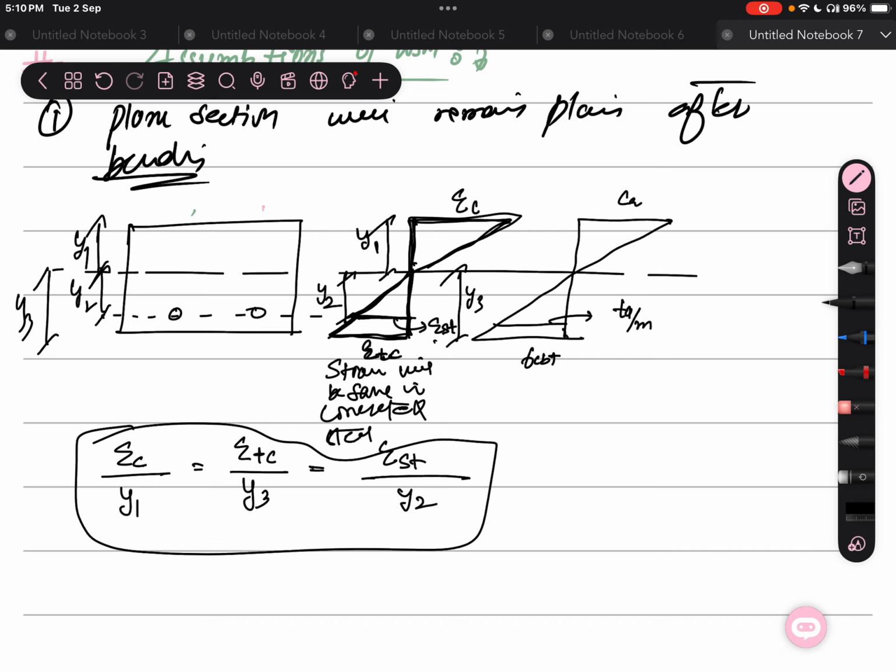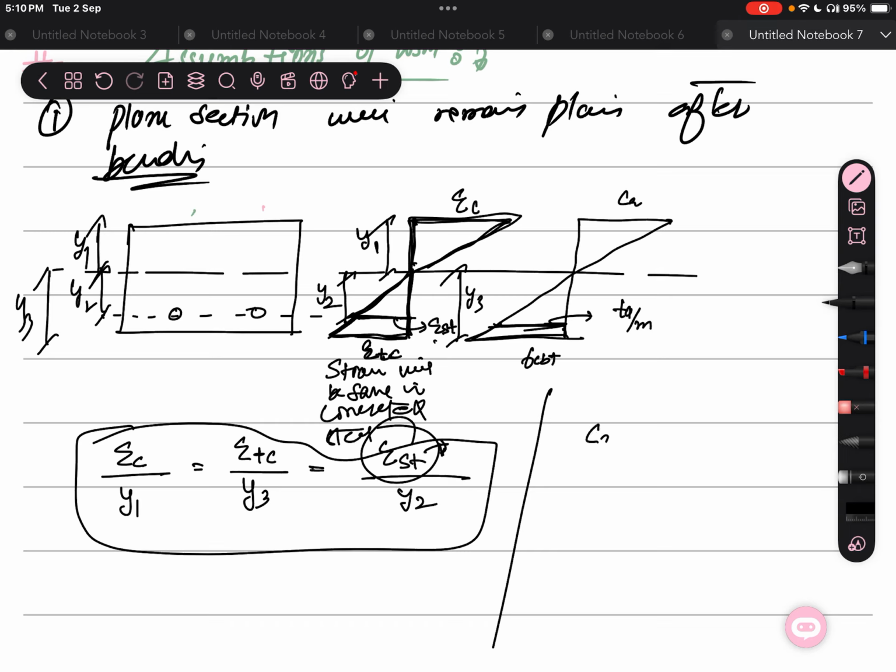So this is basically the strain. But in case of the stress, we can write like this. Here we write directly the value of the strain in the steel, because they are equal.